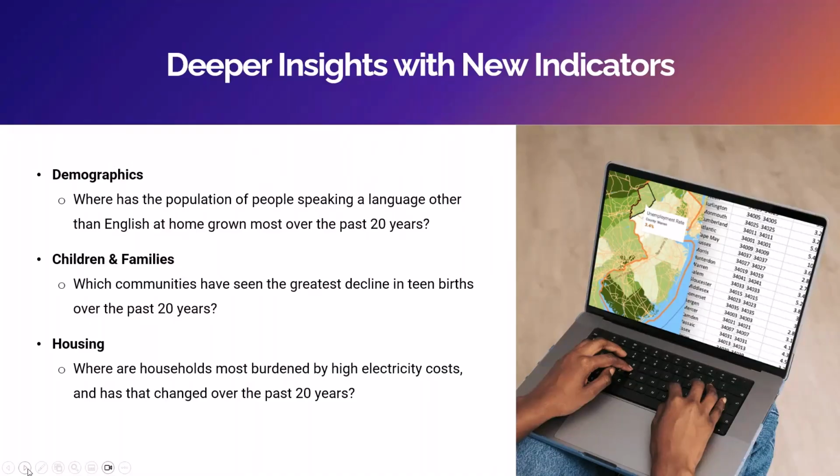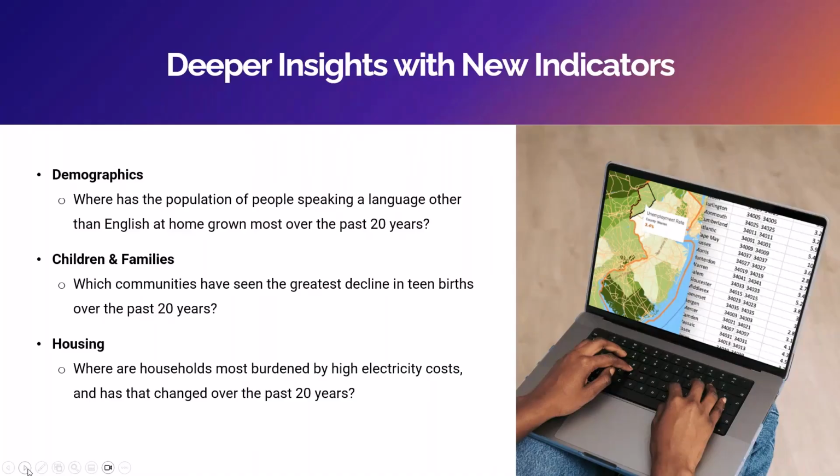Another new indicator we added was around women who had a recent birth in the last 12 months. And so we were able to disaggregate by age, and there's an indicator now for women between the ages of 15 and 19 who have given birth in the last 12 months.